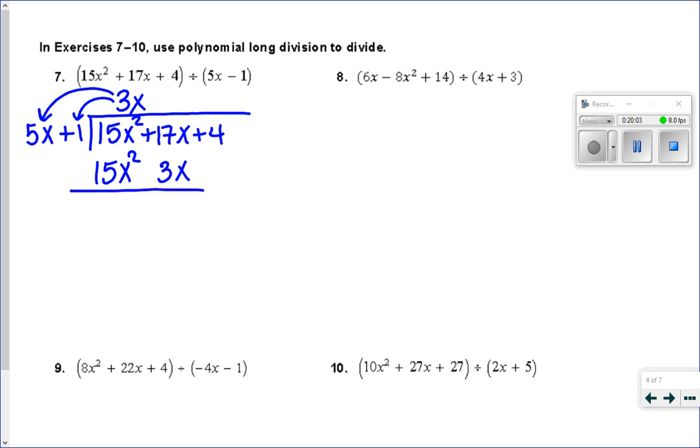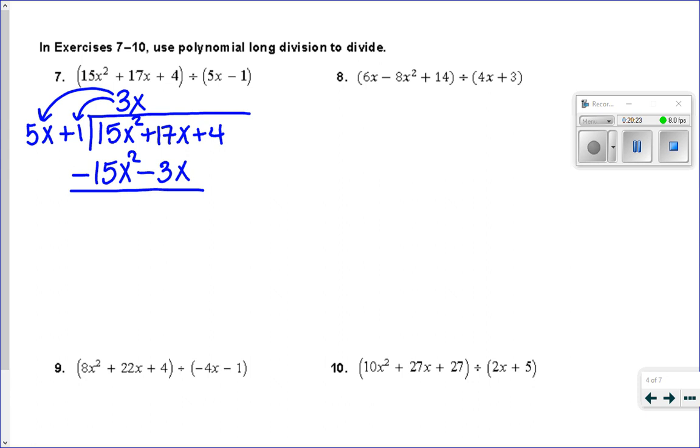Those are my two products. Then I'll make sure that I subtract both of those. Both of these were originally positive, the x squared and the 3x, but then I need to subtract this and subtract that. So you need to make sure you distribute that subtraction. Okay? All right.